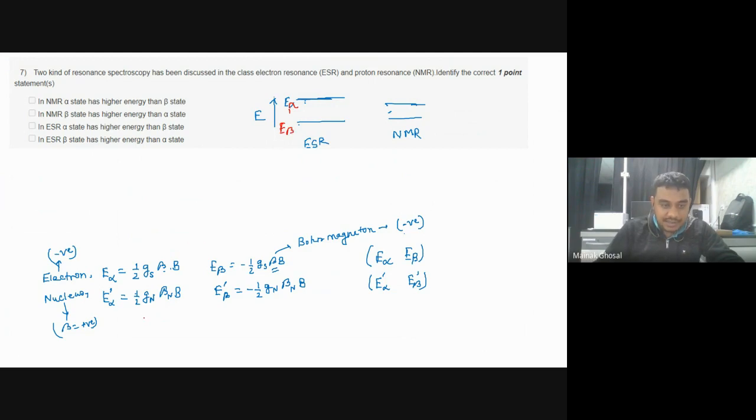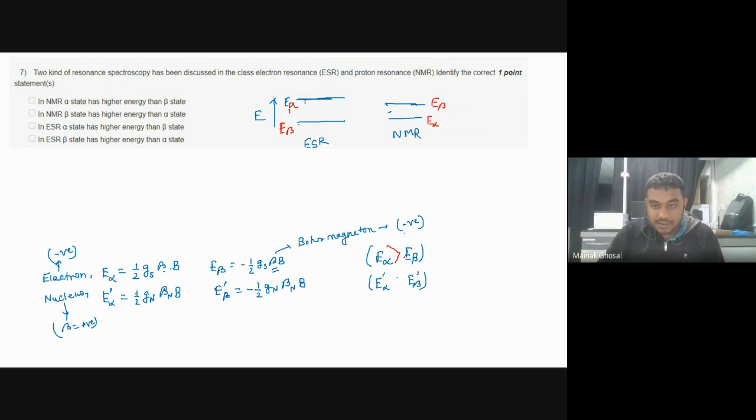But in this case, you can see your E beta will have higher energy for the nuclear or proton case, okay? And your E alpha will have lower energy here. So, what will be the relation between E alpha and E beta for the electronic case? This will be higher in energy, okay? This negative means it will be higher in energy, and the positive means it will be lower in energy, okay?